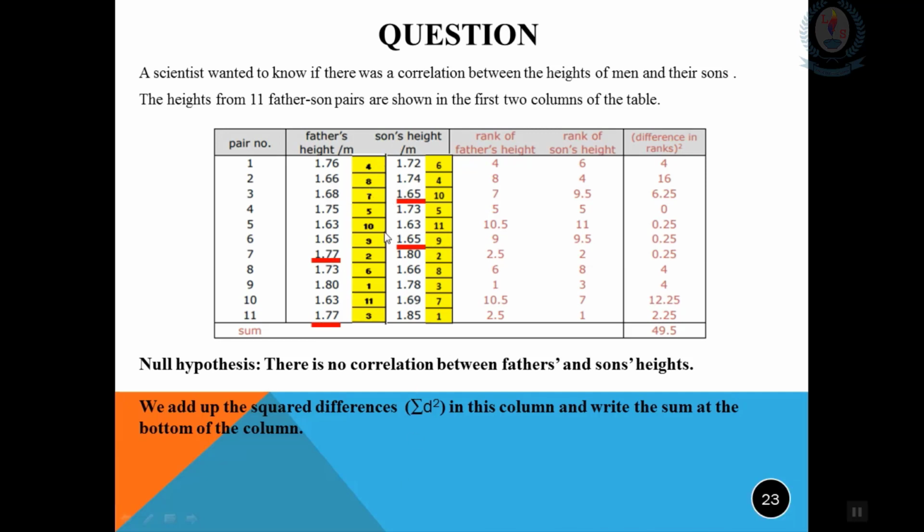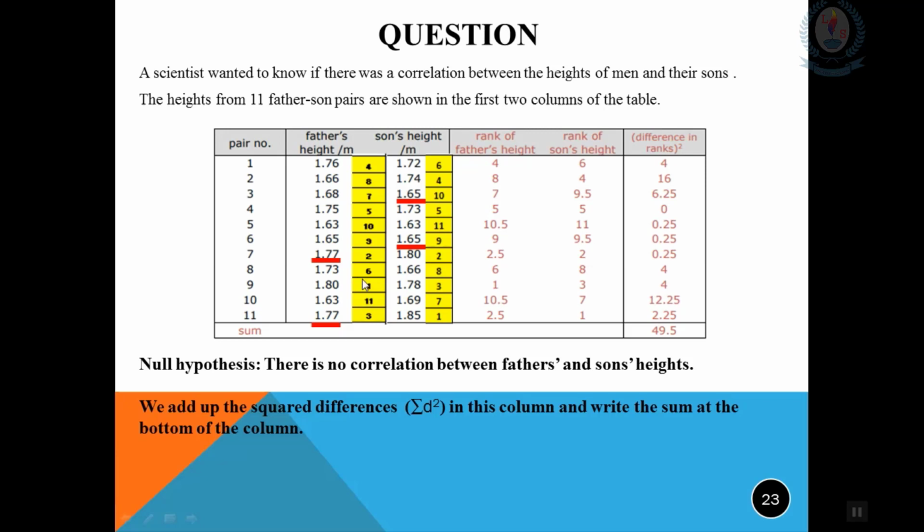So let's say while doing ranking, we found two equal values. 1.77, there are two values here. So we don't give the same ranking to these numbers.